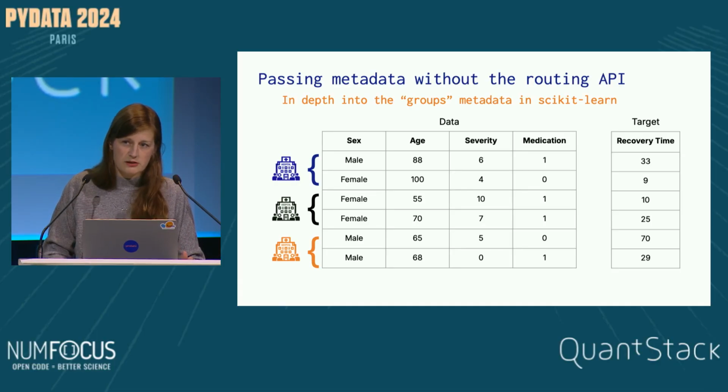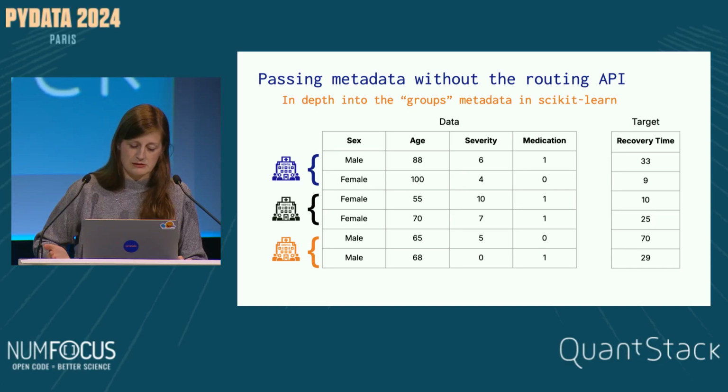For instance, a hospital could have other medical devices than the other hospital, or the patients from hospital A come from another socioeconomic group than the patients from hospital B, or they might apply different policies. So these are patterns that are part of the data, but they are not necessarily part of the target.